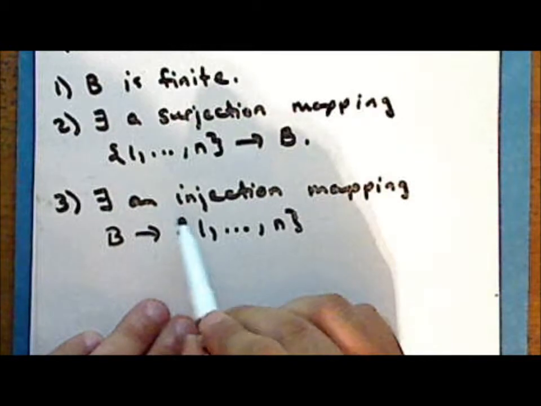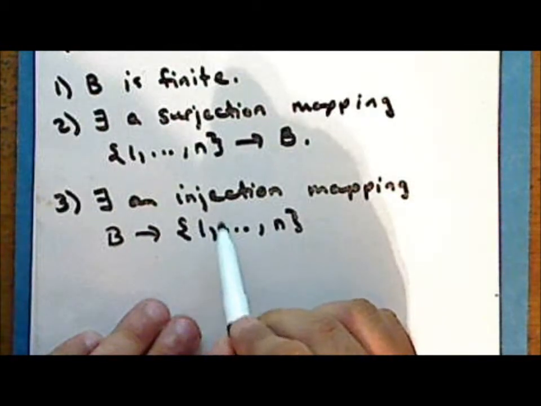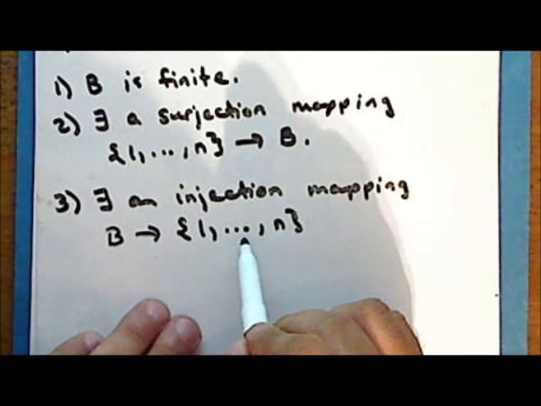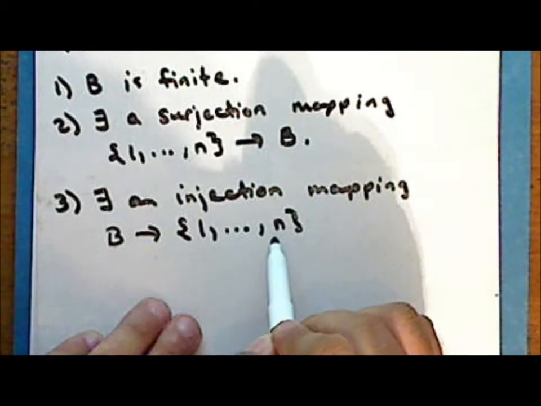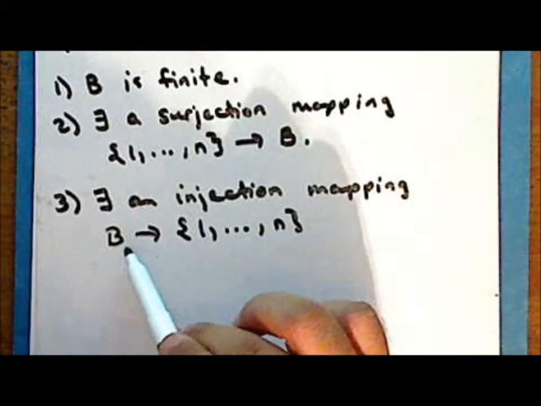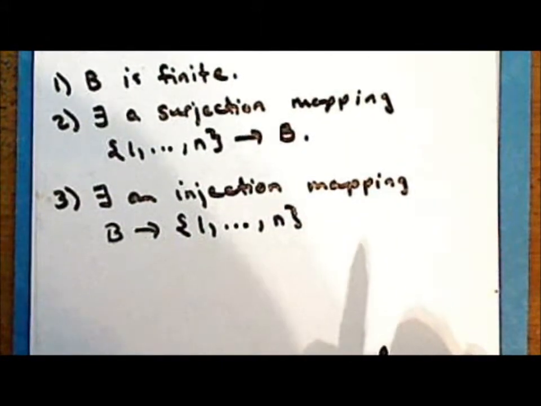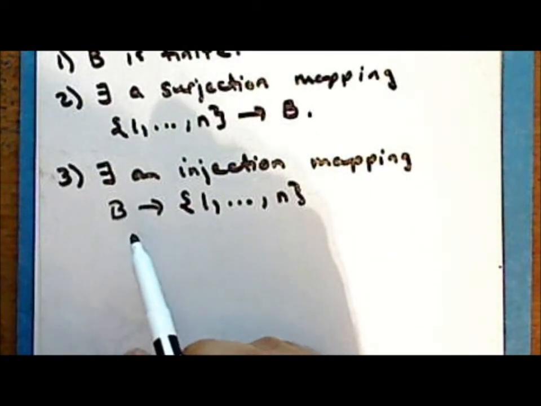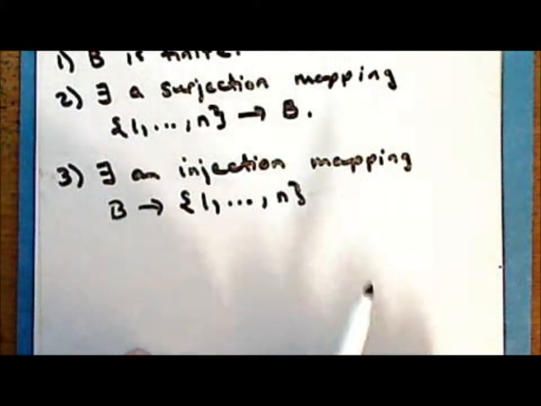And as this function is an injection, if an element in the set of consecutive positive integers from 1 to n is mapped onto, then it is mapped onto by a unique element in the set B. And so the cardinality of the set B can be at most n.